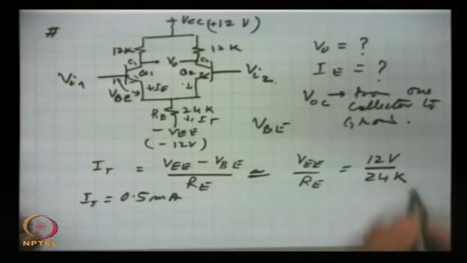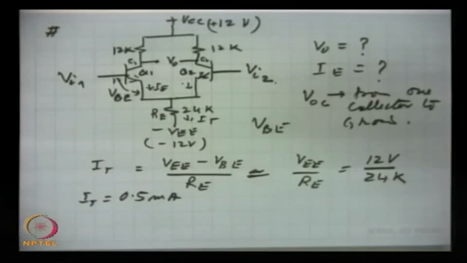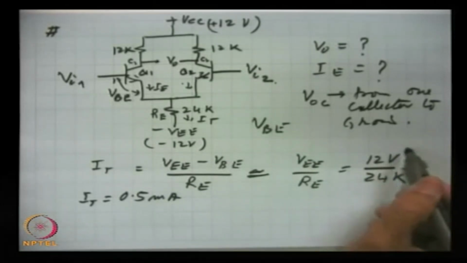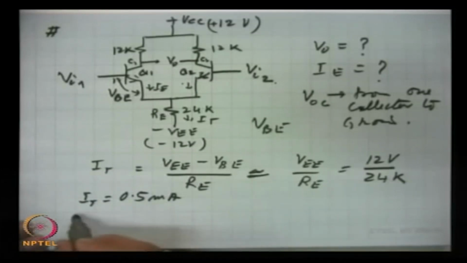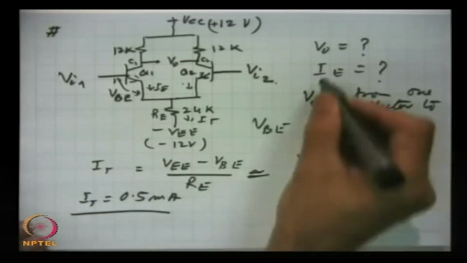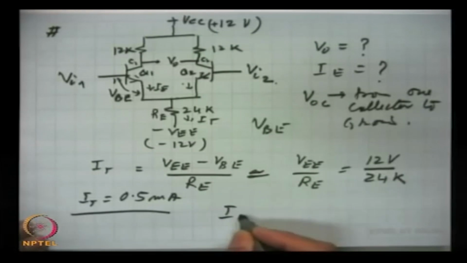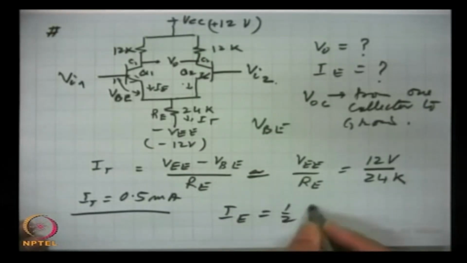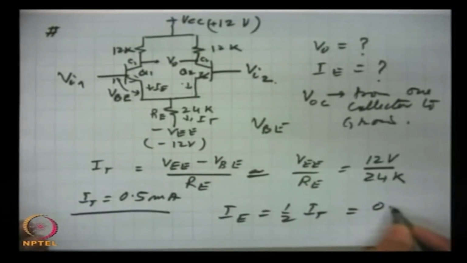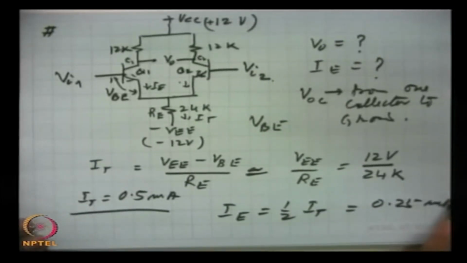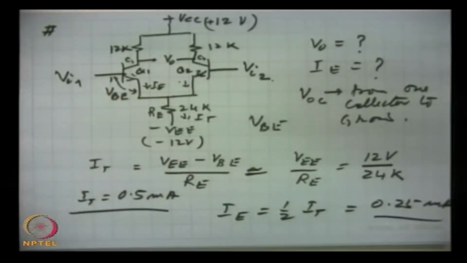If we take resistance in kilo ohms, currents will be in milliamperes, because 10 to power minus 3 comes up. So, this is the tail current, and IE is equal to half of IT. So, 0.25 milliampere is the current in each transistor.